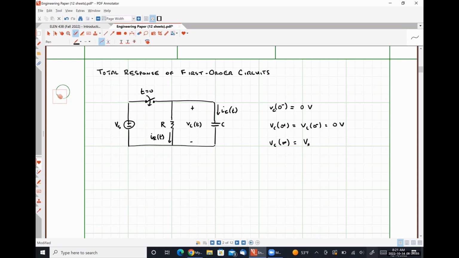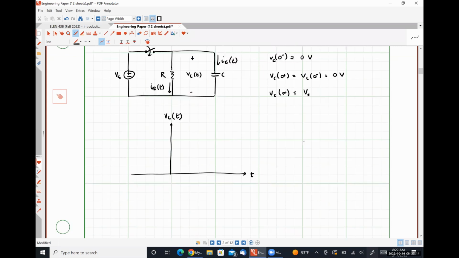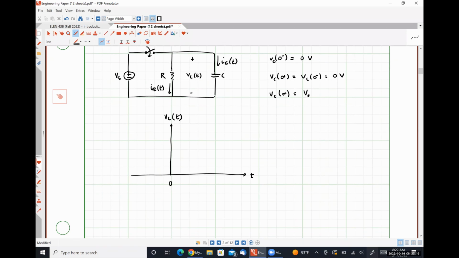So what we have effectively discovered here, if we were to plot things, would be something like this. Okay. So here is VC as a function of time. Here is time. Here is 0. And let's consider here to be infinity.